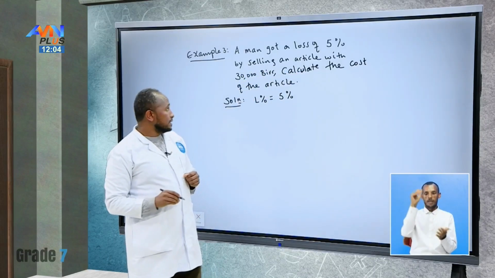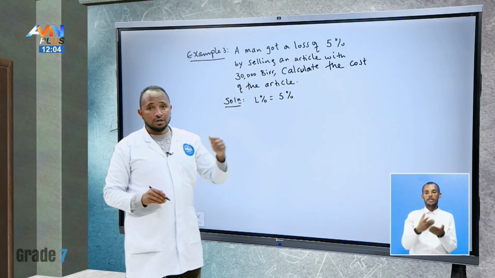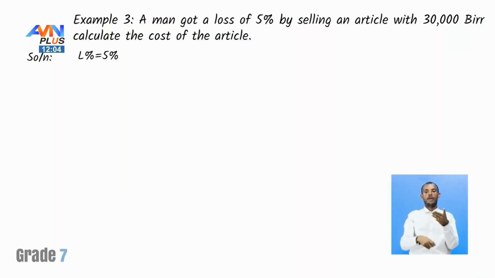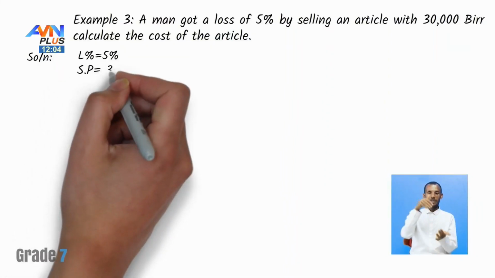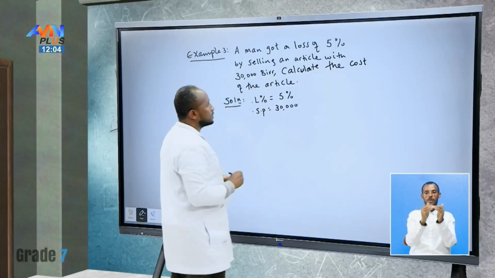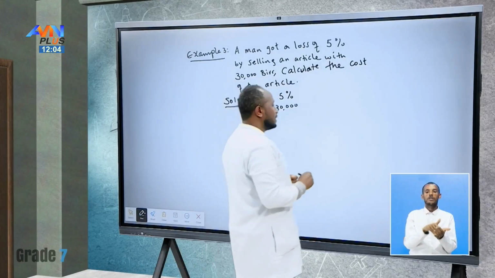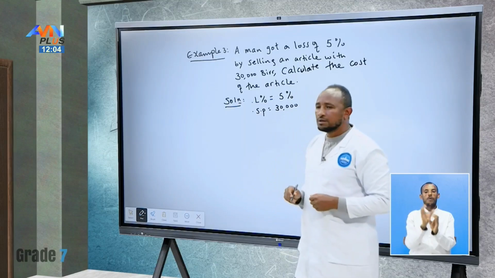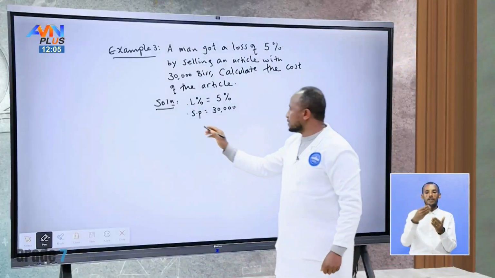So here, the selling price is also given. The selling price is 30,000. So the question is, calculate the cost price.